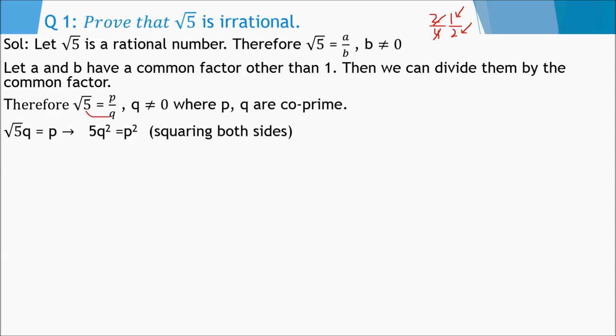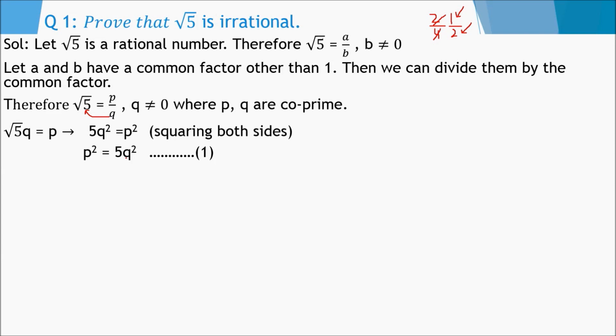So if we shift this q toward this square root of 5, then we get root 5 q is equal to p, and now we square on both sides, then we get 5q square is equal to p square. Or we can write it as p square is equal to 5q square.